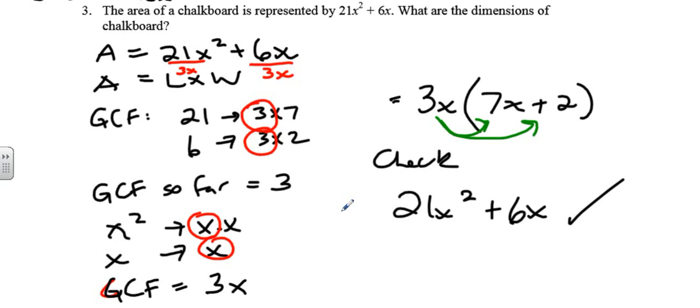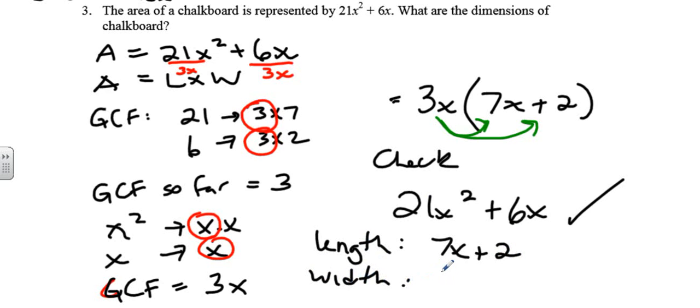Well, we don't have enough information to give actual number dimensions, like the area is 5 and the width is 5 and the length is 6. But we do have expressions, so we can say that the length would likely be 7x plus 2, since that's going to be bigger than 3x, and the width is 3x.